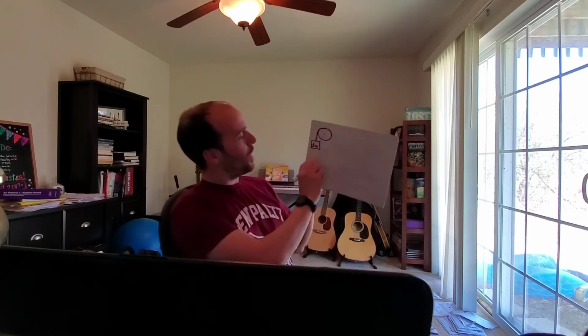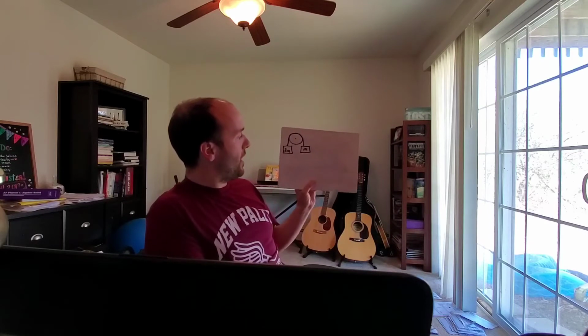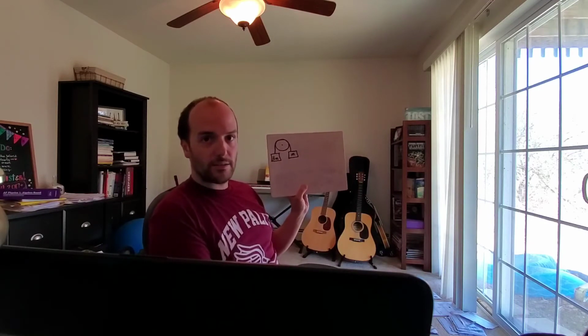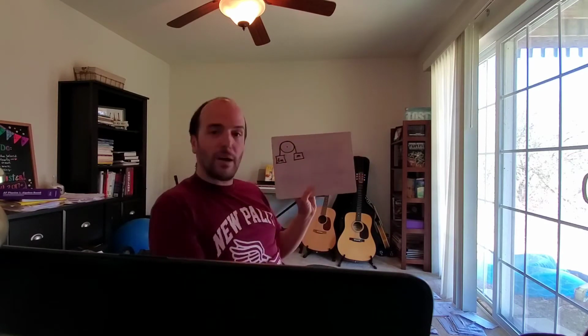And we'll say, let's have one mass of mass 3m coming off the left side, connected by a string, and a mass of single m coming off the right side. It's all connected by the same string.